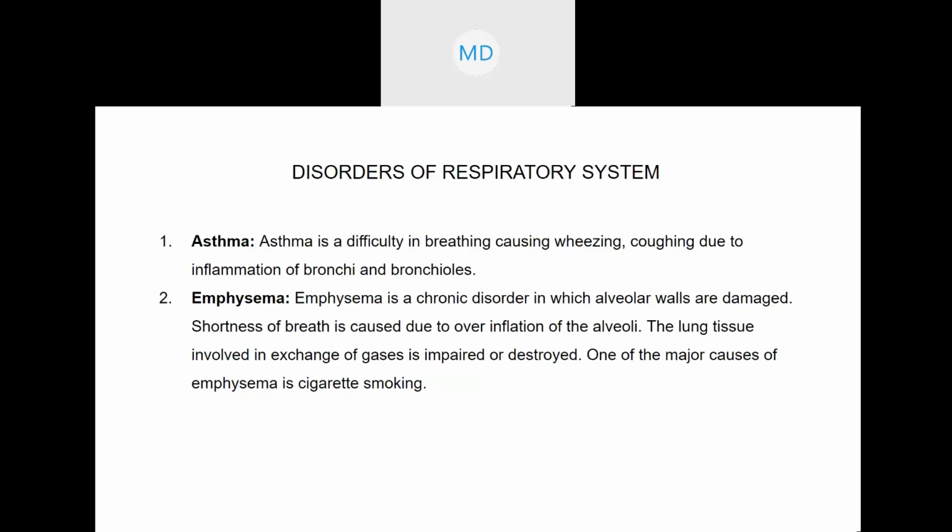I have seen it in my family also. My grandfather died of asthma, and three or four of my uncles also died of asthma. One didn't die, but he is suffering, in the last stage.